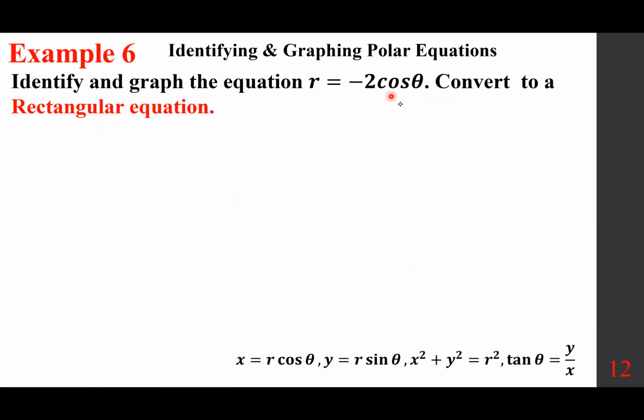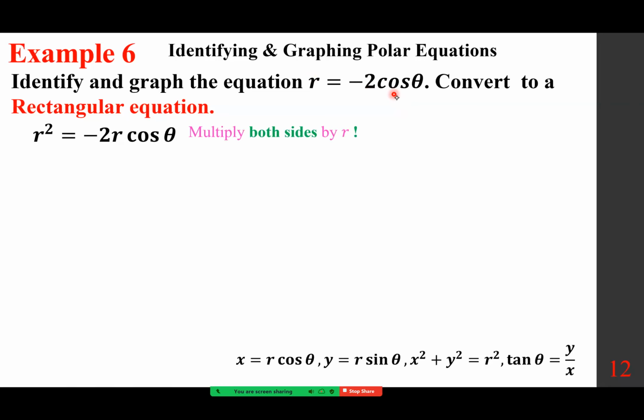All right, r equals negative 2 cosine theta. Same technique. Multiply both sides by r. So this gives you r squared. This gives you negative 2r cosine theta. The reason we do that is because we notice r squared is known to be x squared plus y squared.